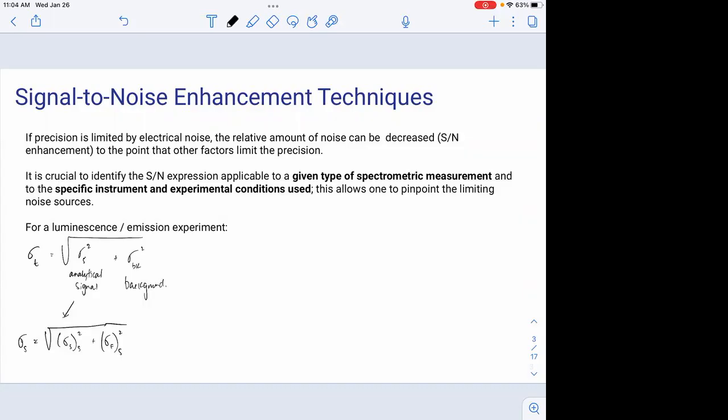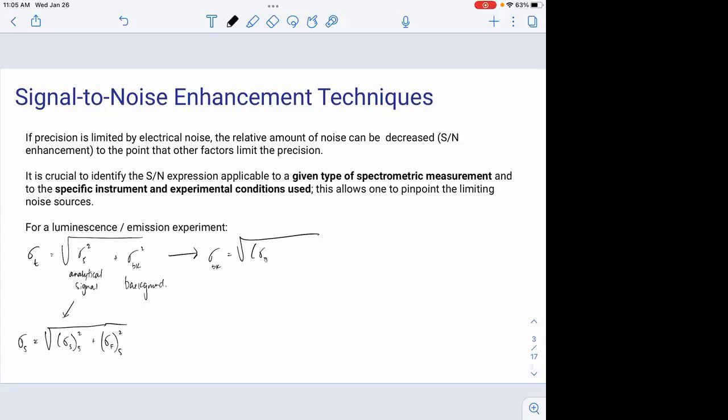The other spot that you could look for noise would be in your background, right? So background, let's give that BK. BK has a couple of sources of noise as well. It could be background from your sample.